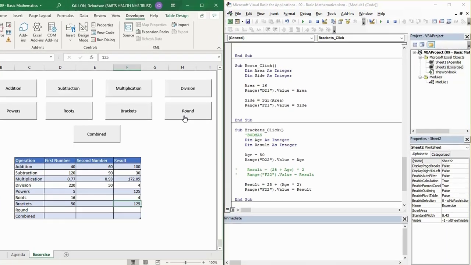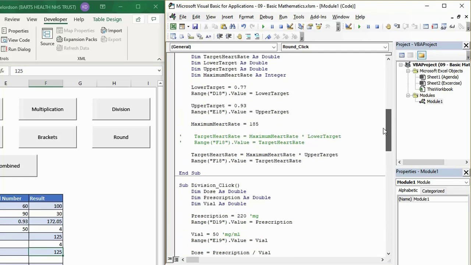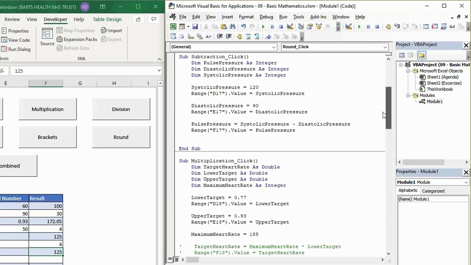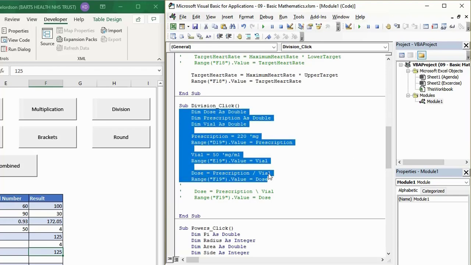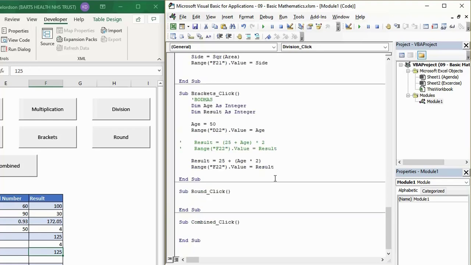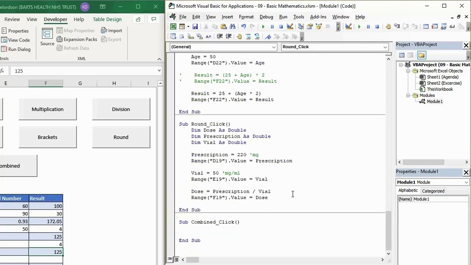Next, let's take a look at rounding. To demonstrate rounding, let's borrow our calculations from dose calculation earlier. And this time, write the results to row 23.